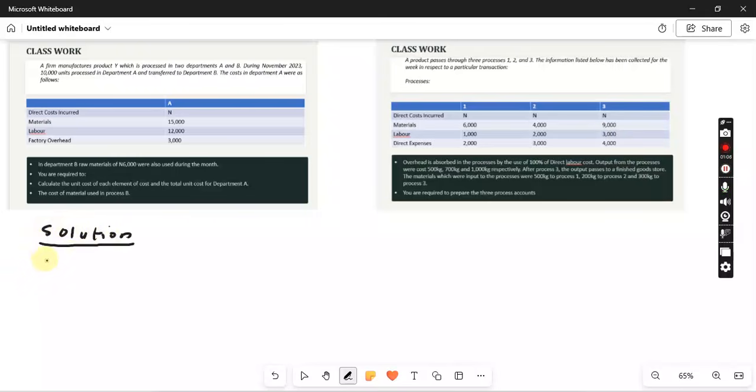So we have department A. Let's say this is the total cost.